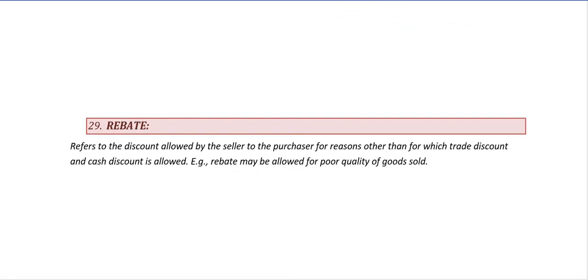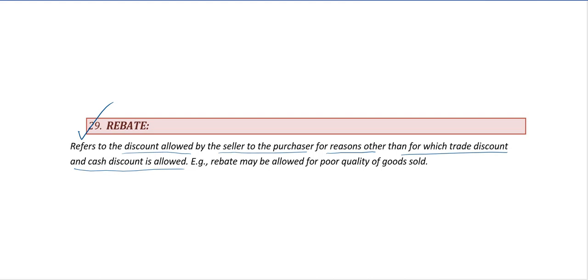29th term is rebate. It's the last term in this video. Rebate is the discount which is allowed by the seller to the purchaser for reasons other than for which trade discount and cash discount is allowed.